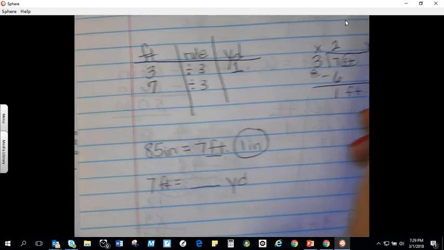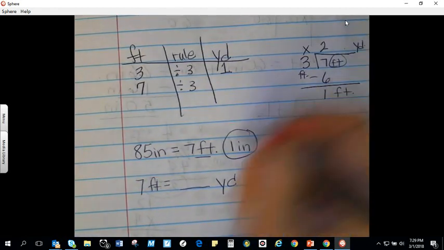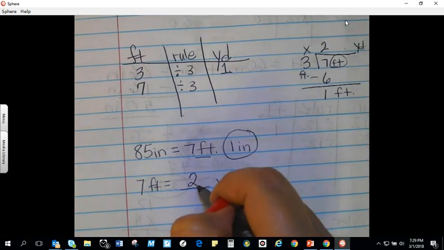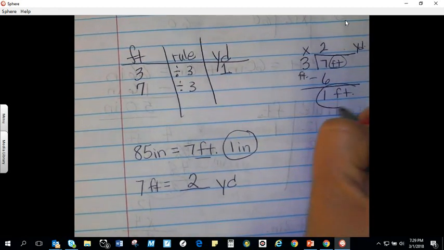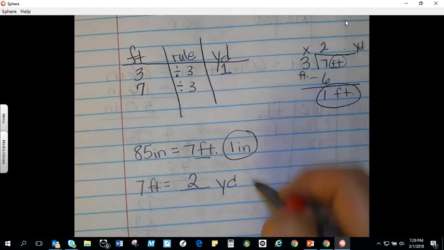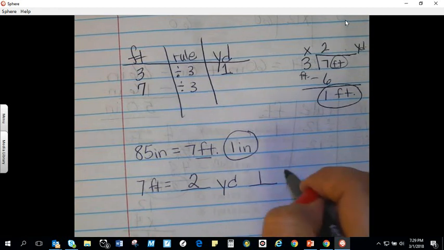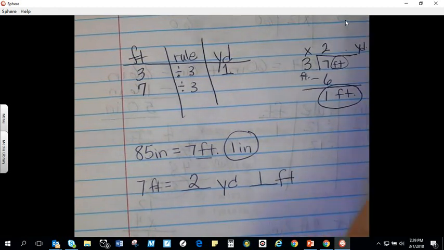And I came up with 2 yards, so I'm going to place that here. My remainder is feet, so I have 2 yards, 1 foot, and remember I had originally 1 inch, which is right here.